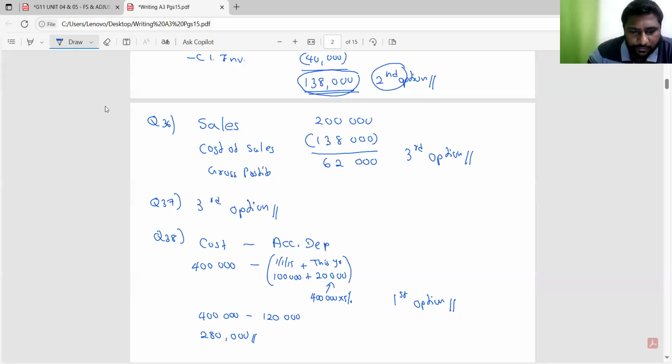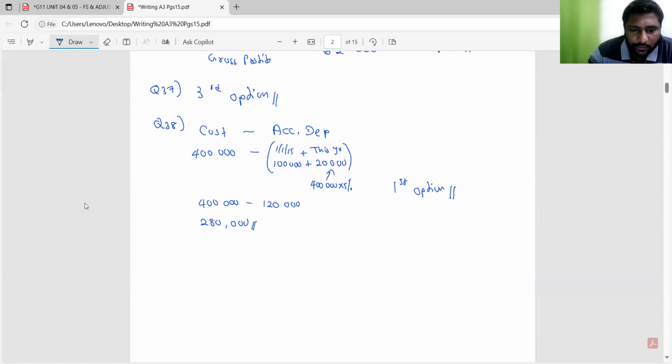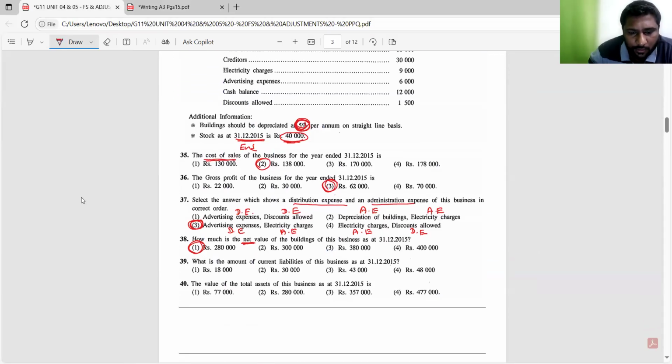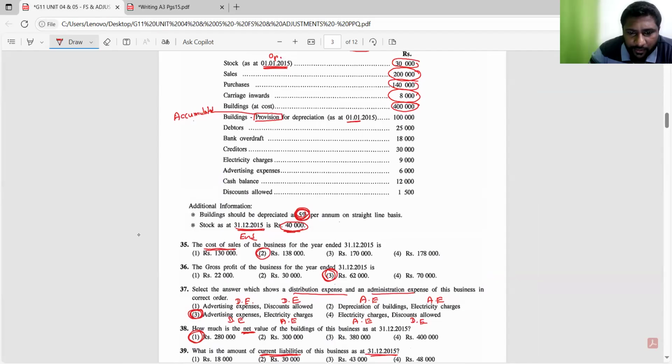Next. Question 39. What is the amount of current liabilities as at 31st December 2015? So what are the current liabilities we have? This is a current asset.